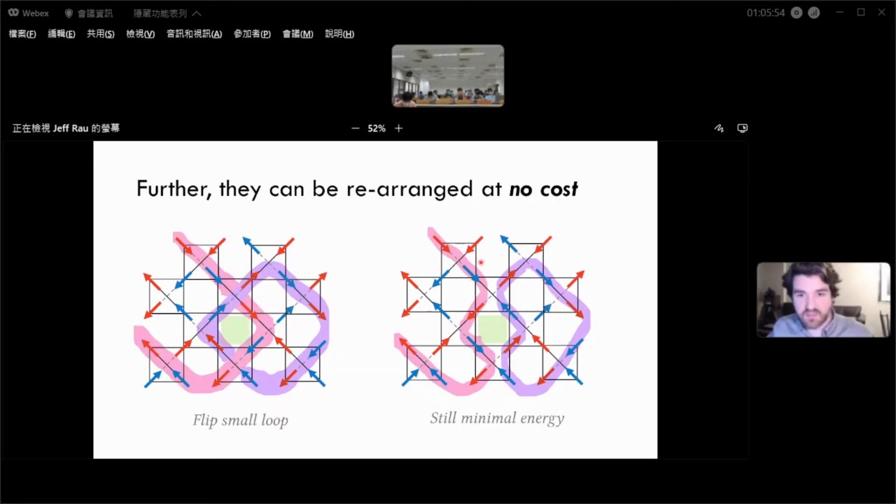Second statement I want to make is that because all of these ice states are degenerate, you can rearrange these loops at almost no energy cost. So if I took one assignment of these loops here, say this pink one, this purple one, one simple change I can make to this state that doesn't violate any of these ice rules is to just permute these spins, take these two red spins, these two blue spins, and swap them.